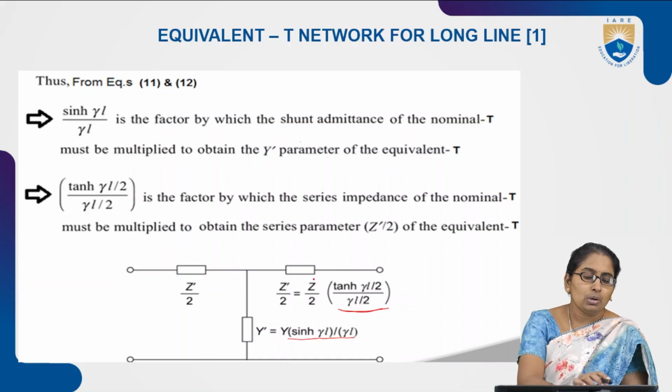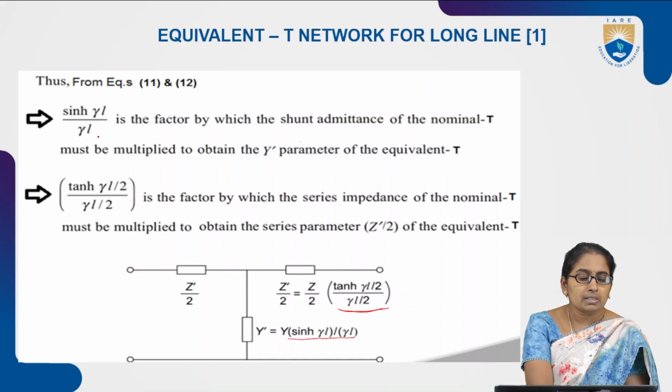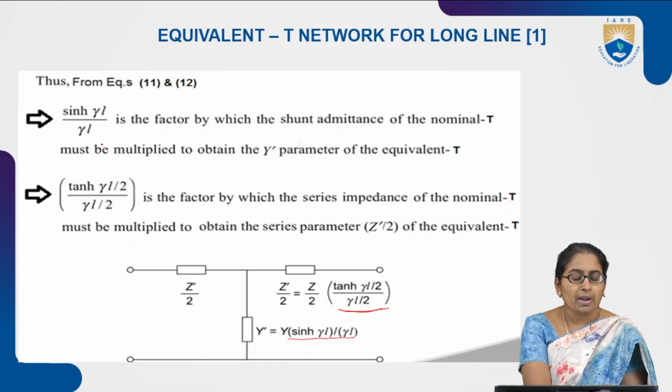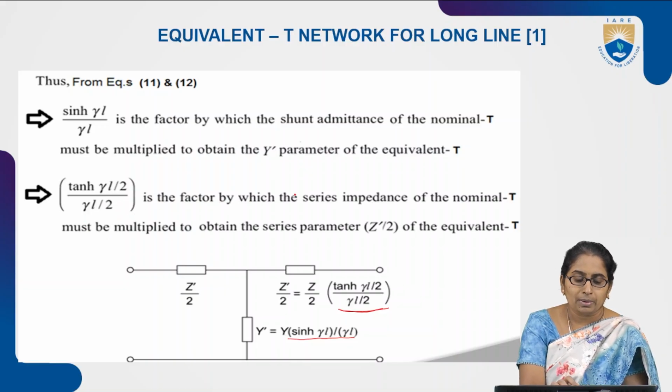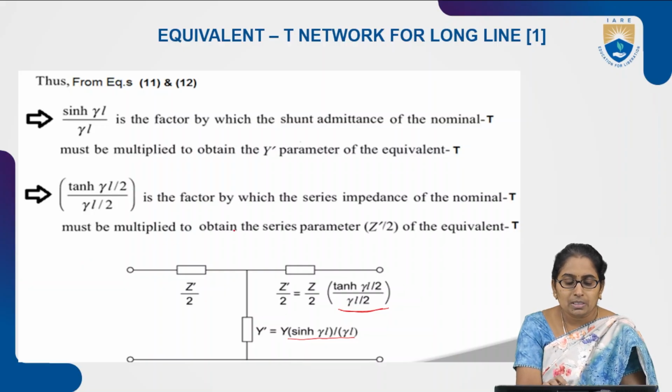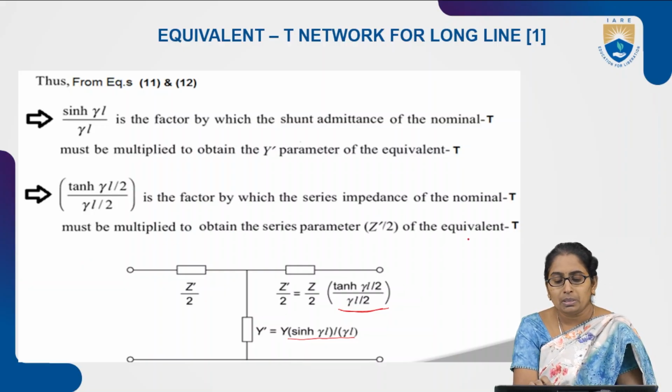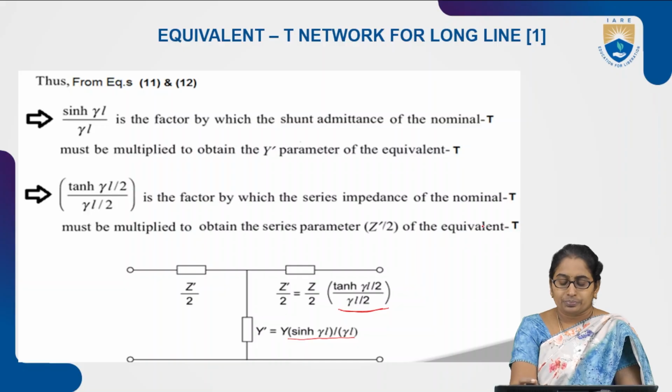Sinh gamma L by gamma L is a factor by which the shunt admittance of the nominal T must be multiplied to obtain the Y parameter of the equivalent. And tanh gamma L by 2 by gamma L by 2 is a factor by which the series impedance of the nominal T must be multiplied to obtain the series parameter Z dash by 2 of the equivalent T.